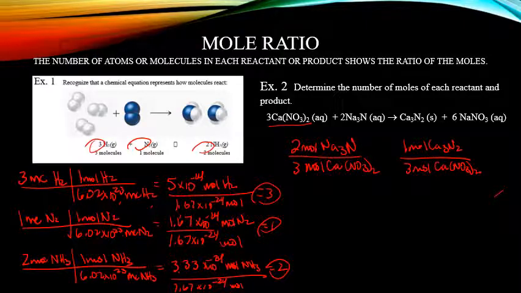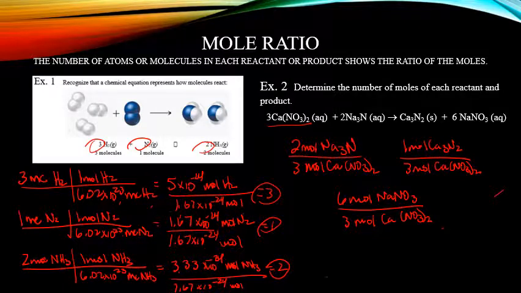And I could also have 6 moles of NaNO3 over 3 moles of Ca(NO3)2. So this will allow us to convert from any given amount of one substance in a chemical reaction into the products or another unknown substance, if it is a reactant, for another part of that chemical equation.